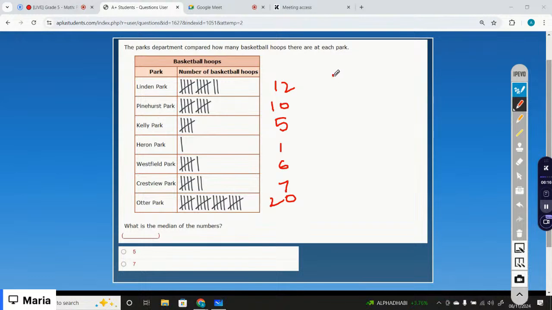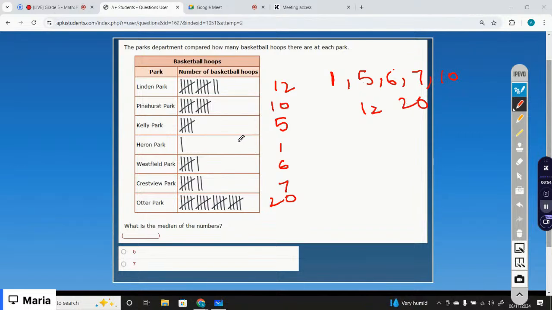So for the median, sorry. For the median, you need to arrange these values from least to greatest. So let's just arrange: 1, 5, 6, 7, 10, 12, and 20, right?